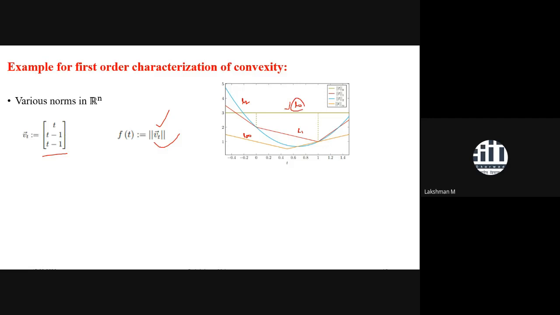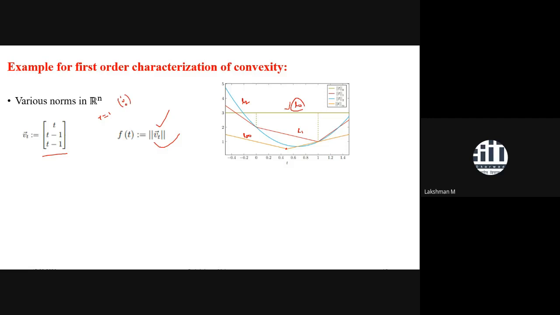Here, what will happen if you take t equal to 1? What would your L0 norm be? Your vector would be 1 0 0.